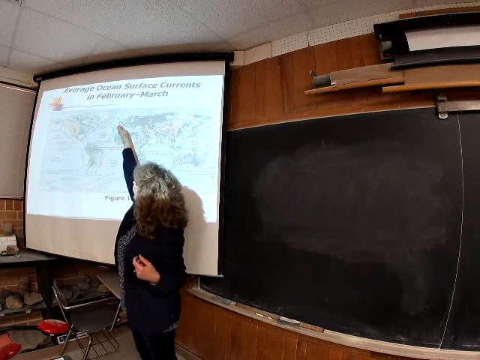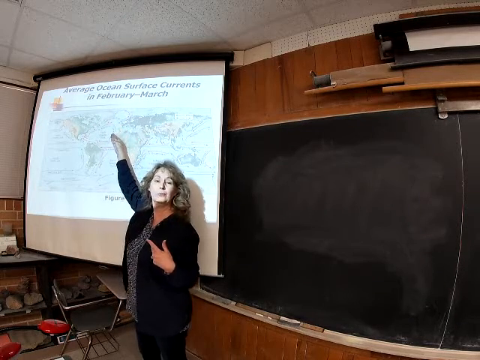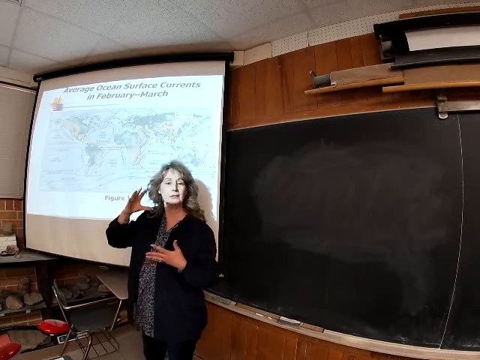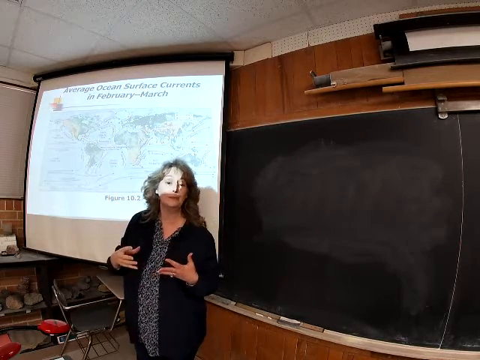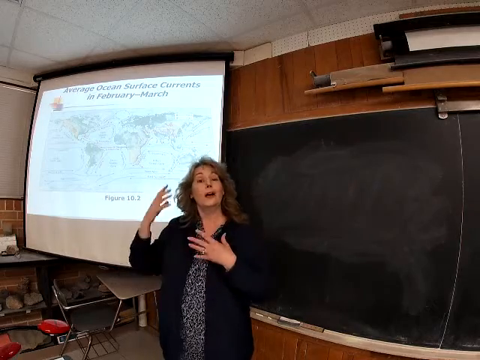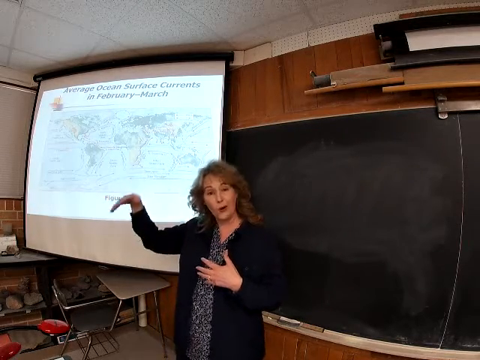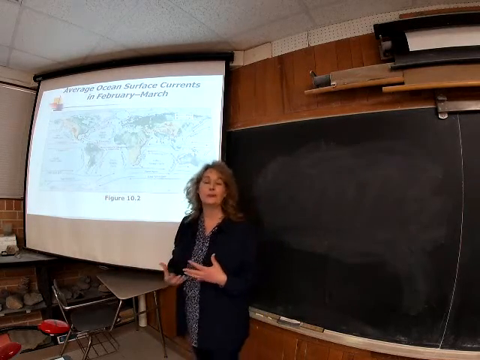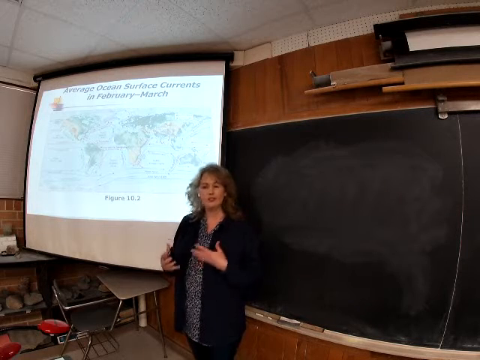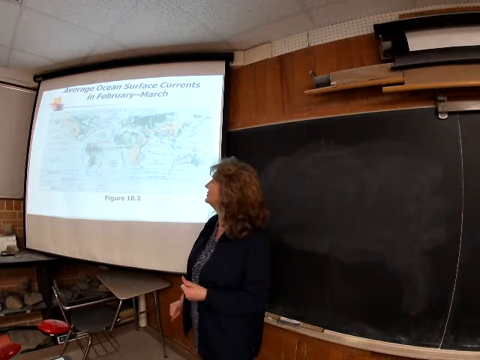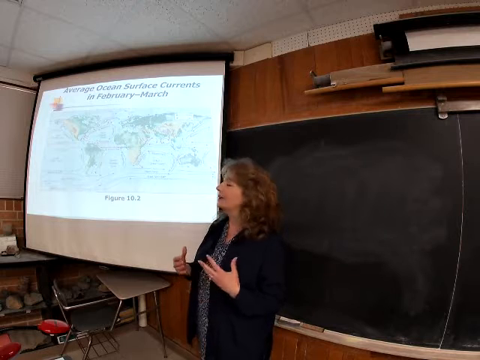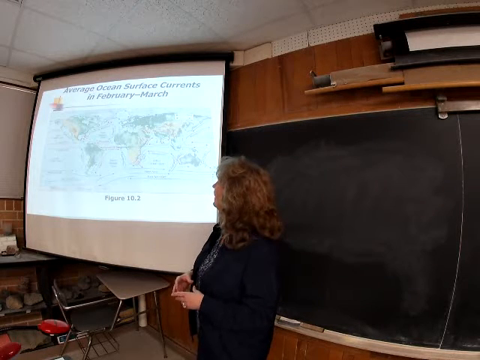It brings cooler water back towards the equator. So we get this movement of warm water going towards colder regions, and colder water coming back down towards warmer regions. You get a nice circulation of the various temperatures that way.